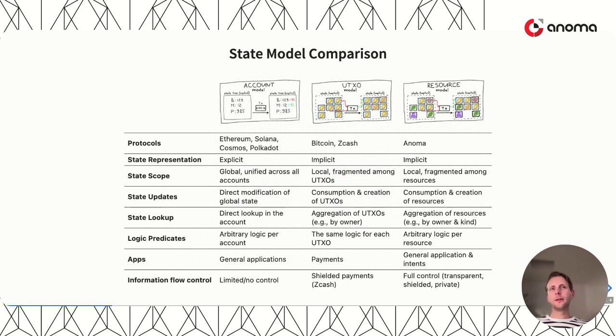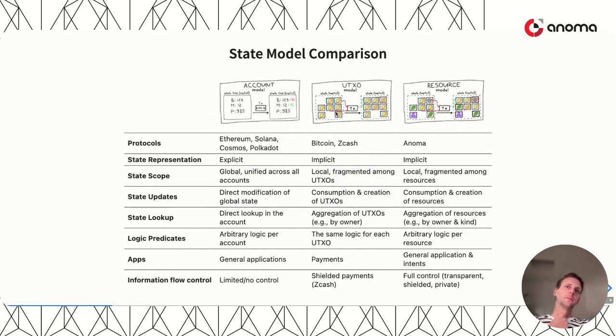So the balance is kind of fragmented among all these different objects and local, and in order to read your balance, you have to first aggregate all the objects and then do the sum over them.